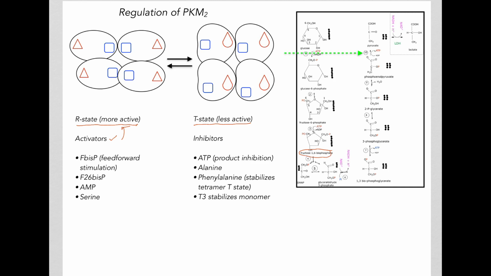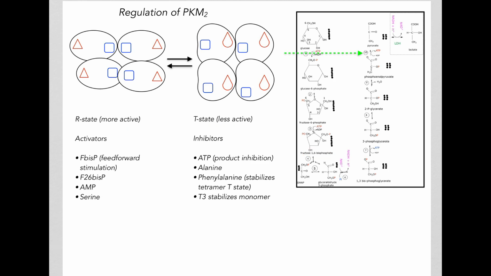So this intermediate here is actually an activator of pyruvate kinase. This is another example of feed-forward stimulation. Fructose 2,6-bisphosphate is also an activator. AMP is an activator, stabilizes the R state, as well as the amino acid serine has also been found to be an activator of this enzyme.